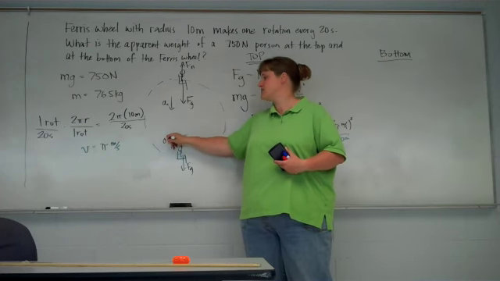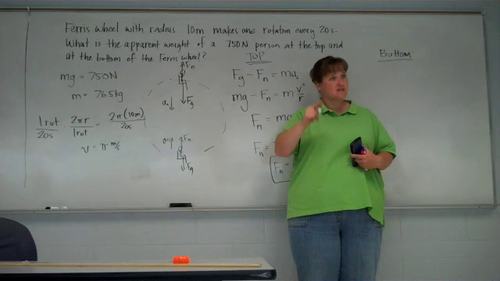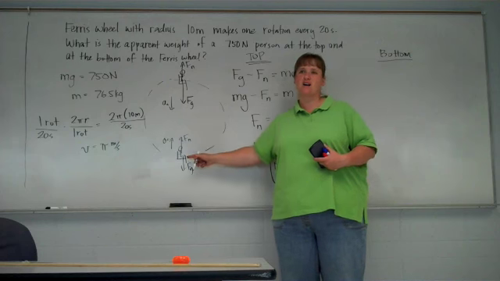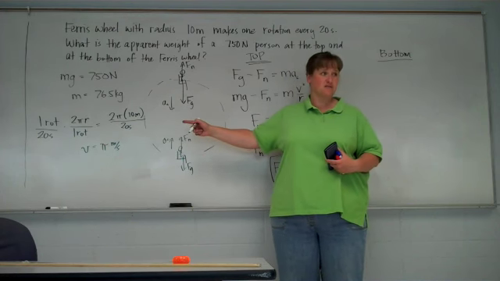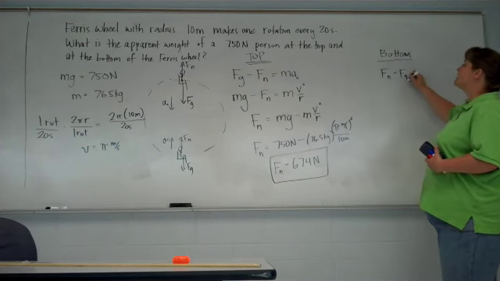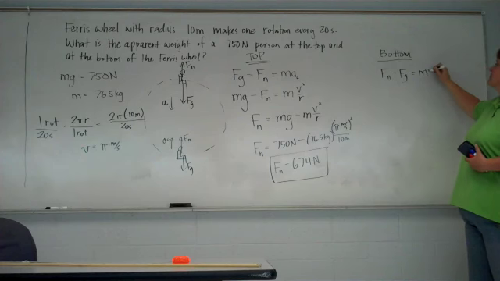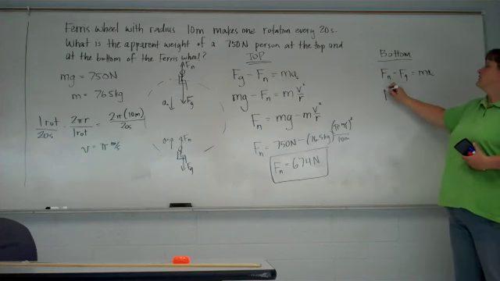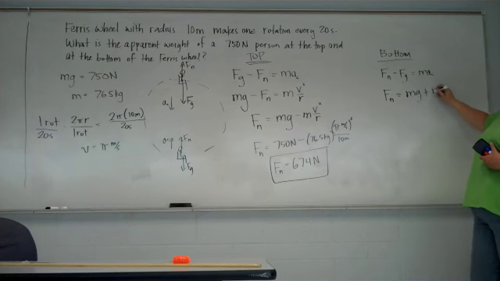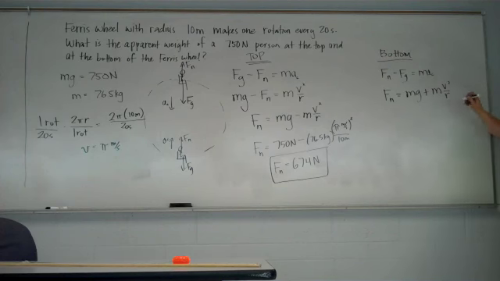Yes, the acceleration is pointing upwards, towards the center of the circle. So if we follow that same rule and call towards the center of the circle positive, then we're going to have the normal force minus the force of gravity this time. So the normal force will equal mg plus mv squared over r.